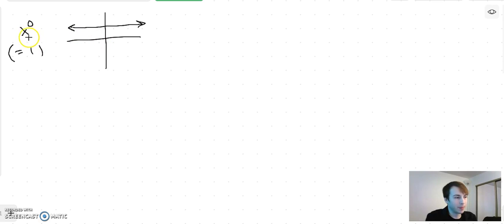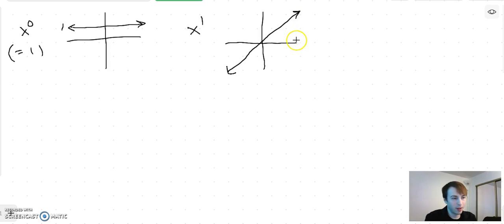Now, if we want to draw an x to the first polynomial, we know the slope of this polynomial has to be given by that one. So how should we draw it? Well, the slope polynomial always has a value of 1, so the slope has to be constant at all points. That represents a line with constant slope.